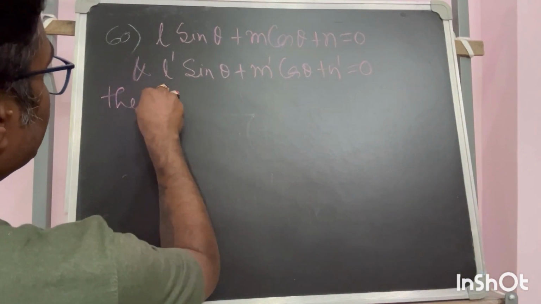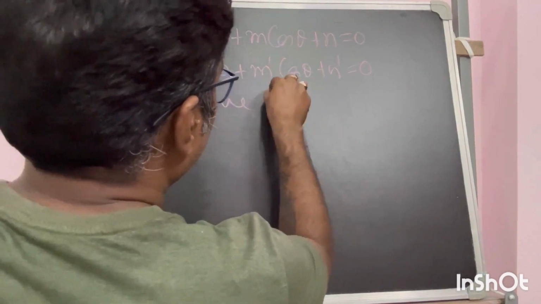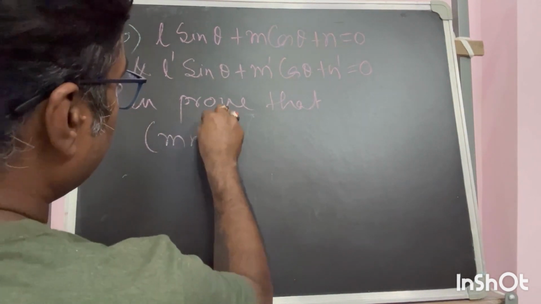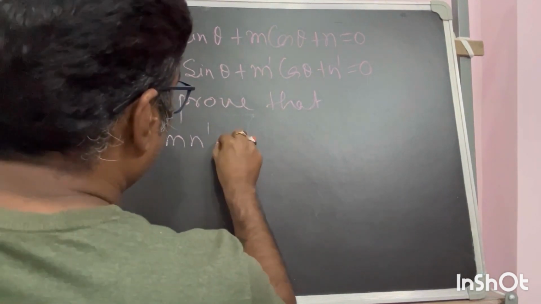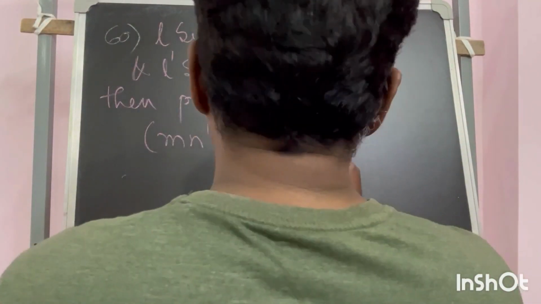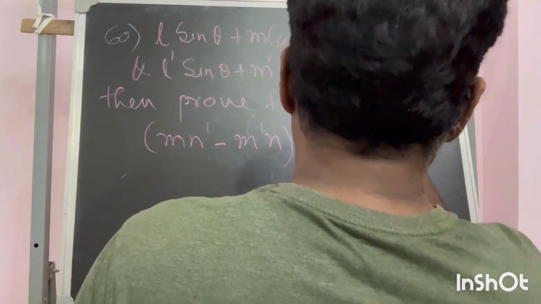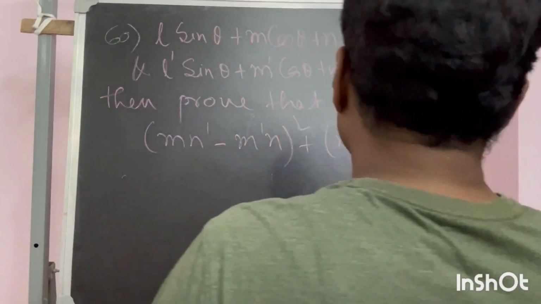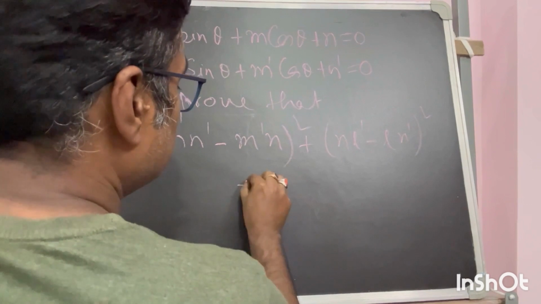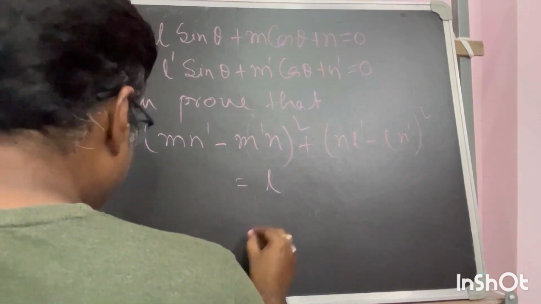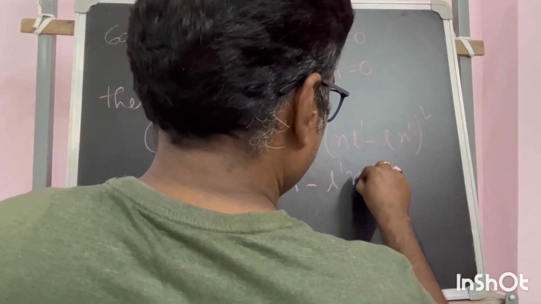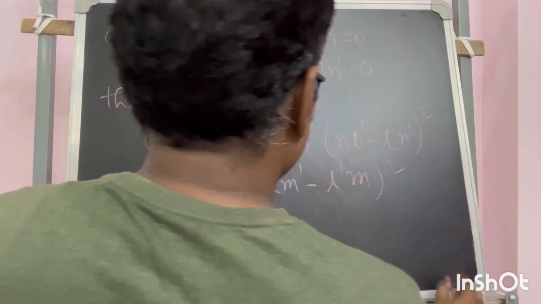Then prove that (M N dash minus M dash N) whole square plus (N L dash minus L N dash) whole square is equal to (L M dash minus L dash M) whole square.